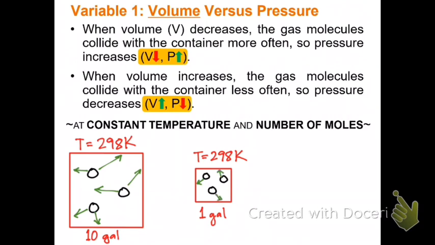Because we decreased the volume, the frequency of collision would increase relative to the 10-gallon container, because it takes a shorter distance for these molecules to reach the walls. And because of this increase in frequency of collision, pressure increases.